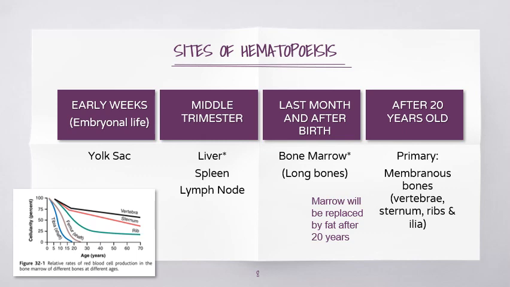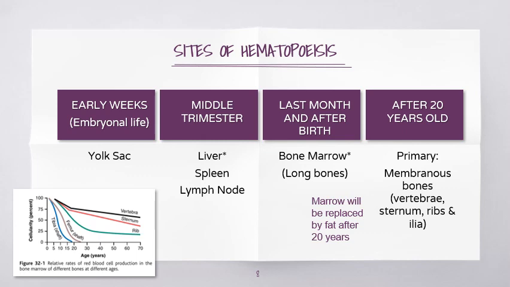Then, just before birth, or during the last month of pregnancy and thereafter, the main red cell production site will shift to the bone marrow, particularly, please take note, the long bones. But as the person ages, the bone marrow in the long bones will eventually be replaced by fat.